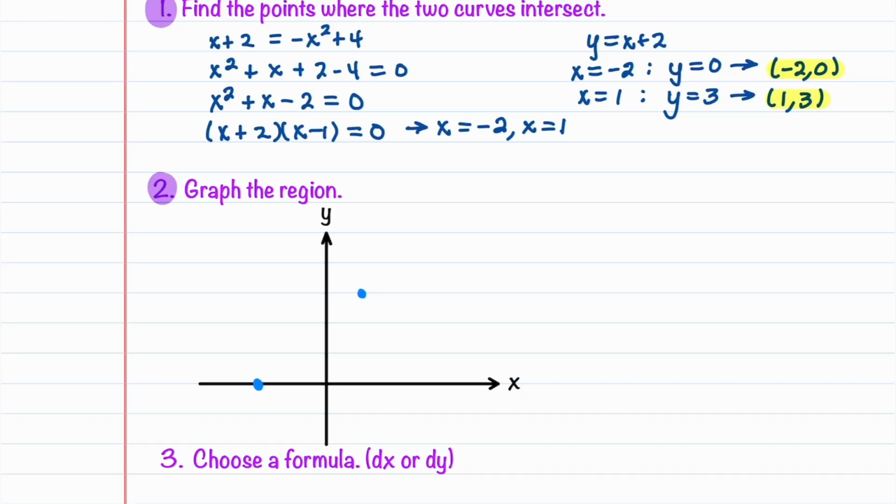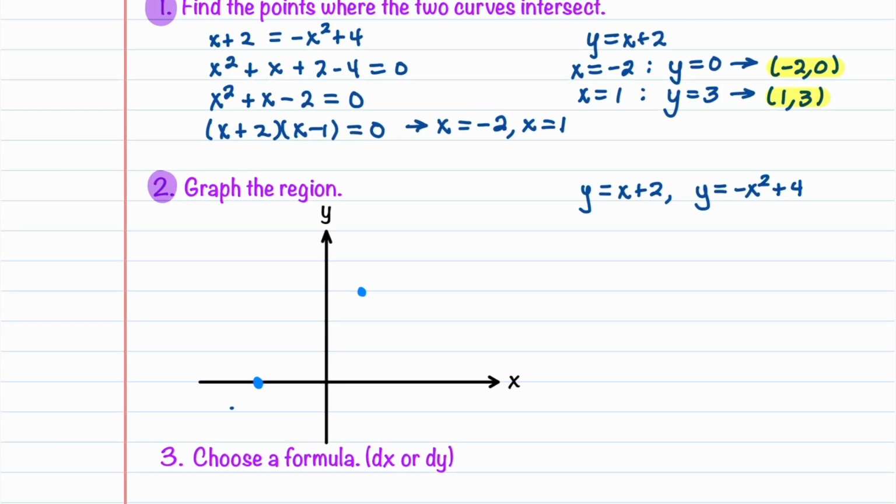We are going to graph our two curves. Let me put them up here so we remember what they are. We have y is equal to x plus 2, and we have y is equal to minus x squared plus 4. Let's graph the line first. That is just going to go between our 2 points of intersection.